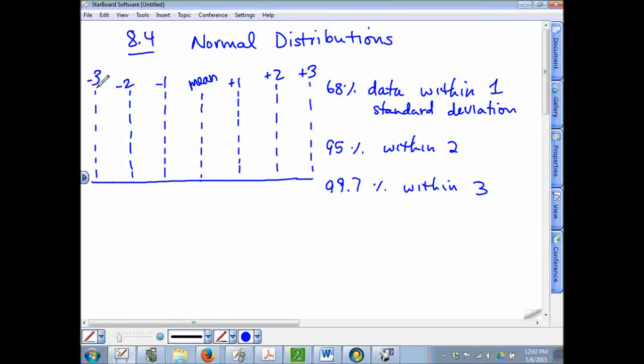This represents -3. Okay, and do the best you can to copy this picture. That's what's called a normal curve, or a normal distribution.